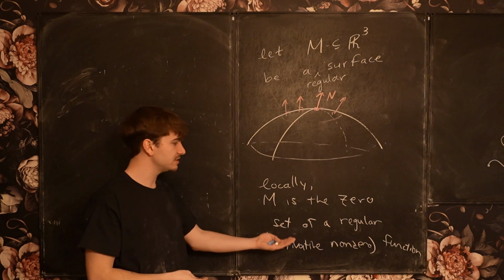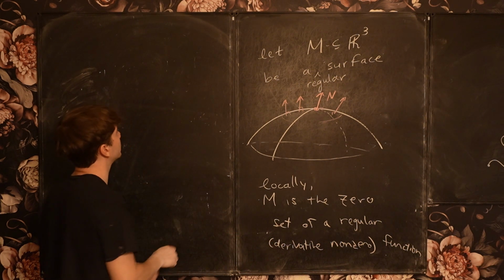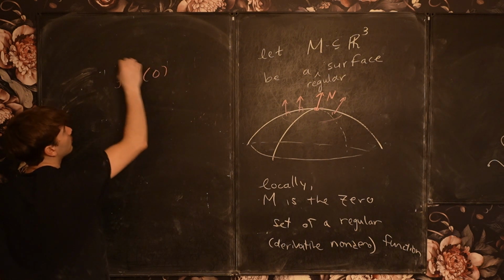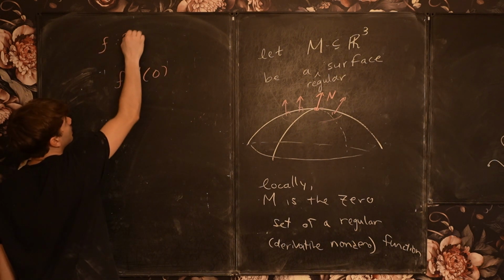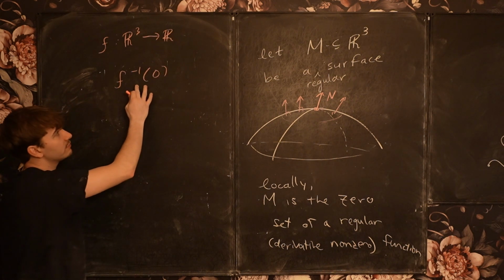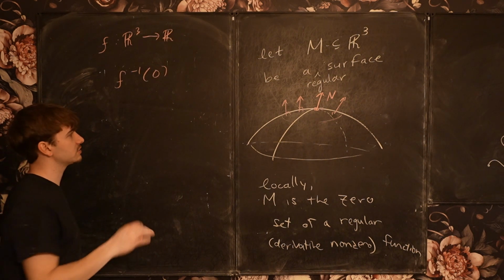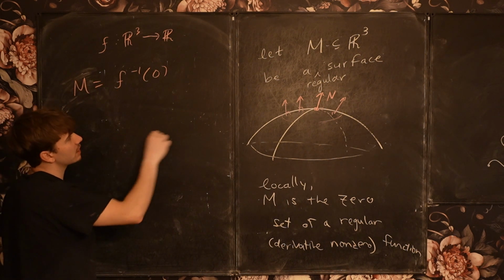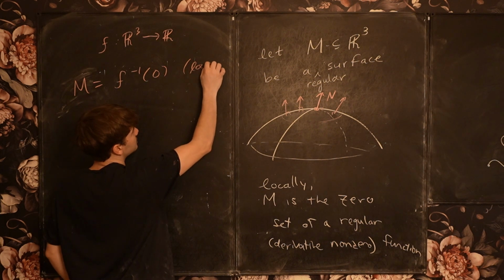Because if M is the zero set of a regular function, then I have that M is f inverse of 0, where f is some function from R3 into R. And of course, f inverse of 0 is a set of regular points, as we previously discussed. And then M is equal to f inverse of 0, maybe locally, not necessarily globally.